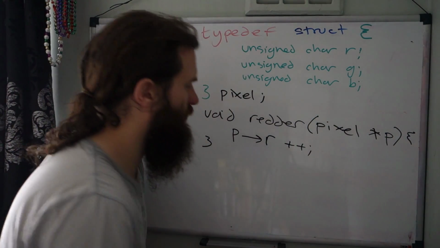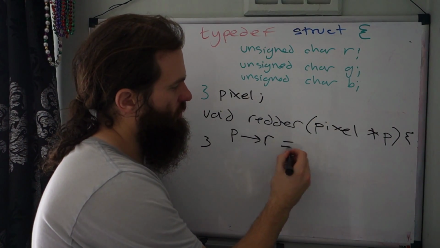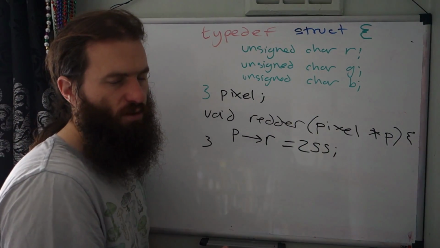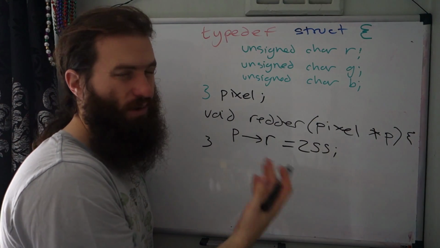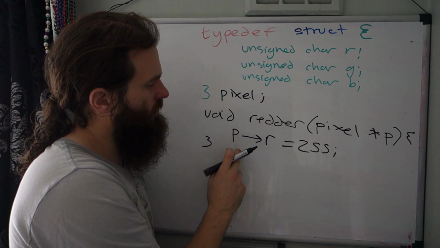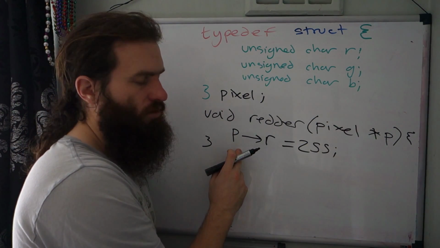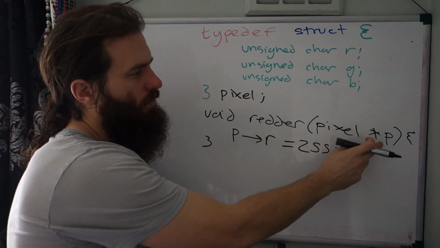Or I'll tell you what, let's be a bit more explicit than that, or clearer. We're just going to change the red value to 255. Otherwise, we're going to overflow if we add 1 to 255. So that would be how you assign a value to the member of a structure, or a variable within a structure, when we're passing a pointer to it.